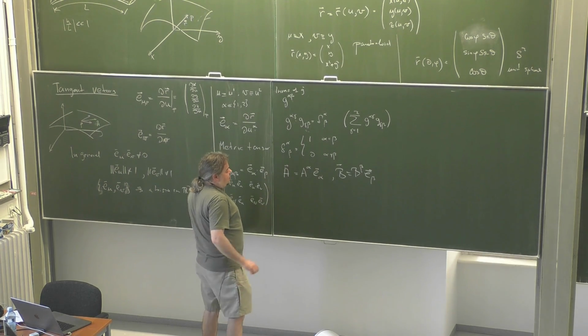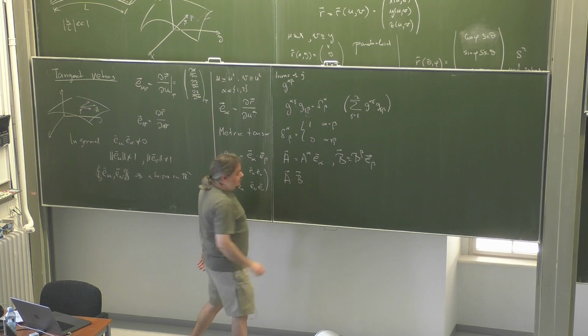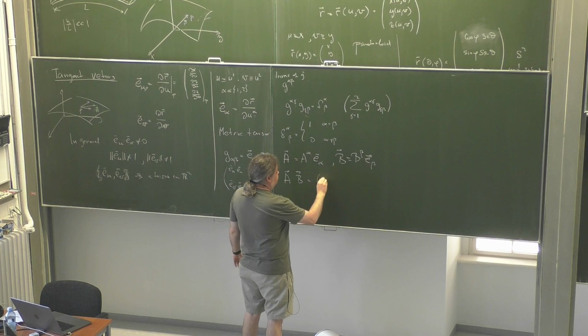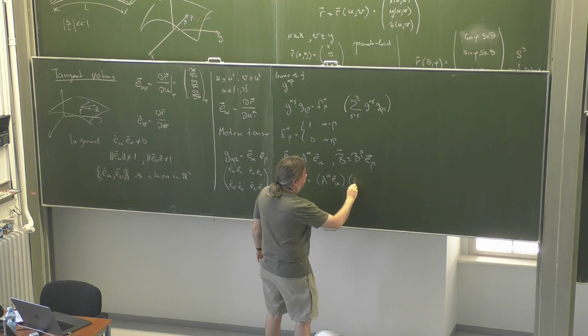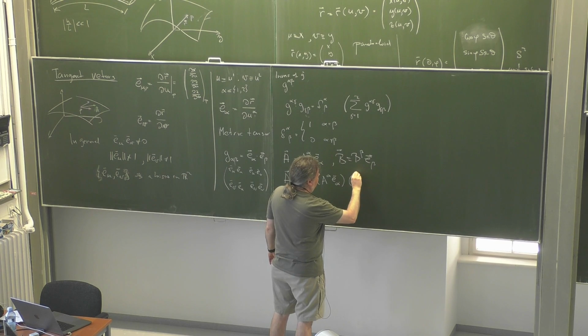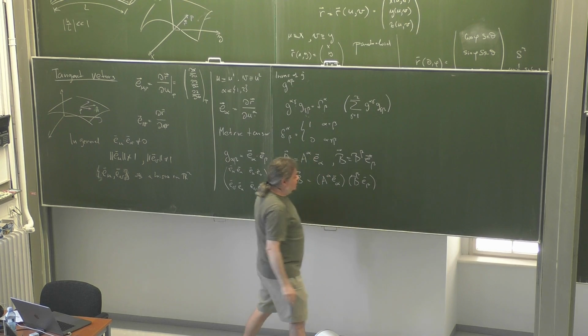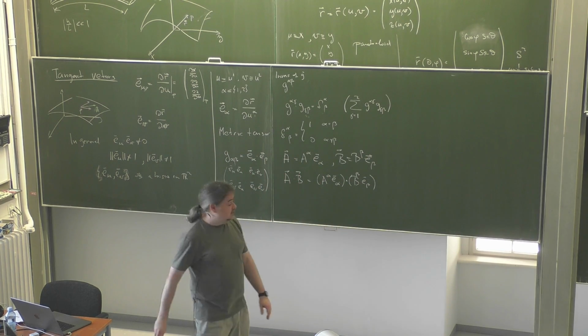So I can now calculate my dot product between these two guys. Well, let's actually do this. So this is A alpha E alpha times B beta E beta, right? And again, this is the dot product in the outer space.